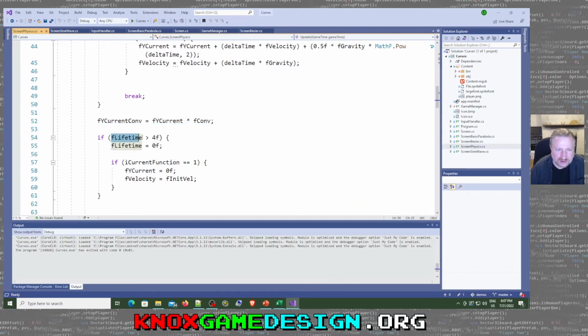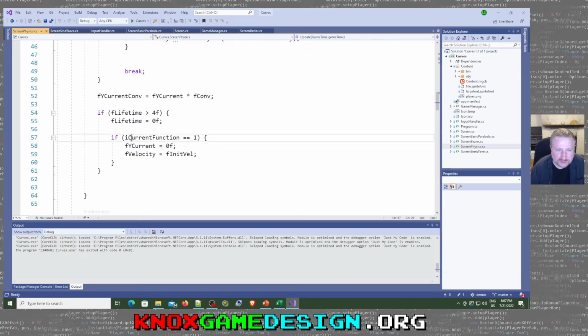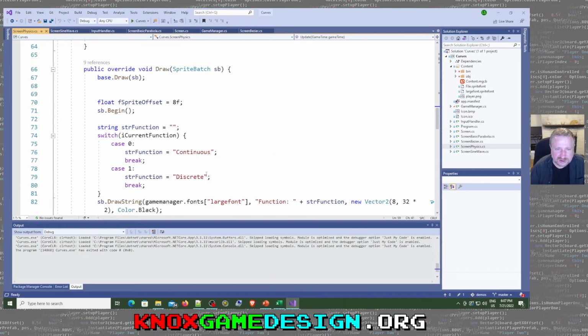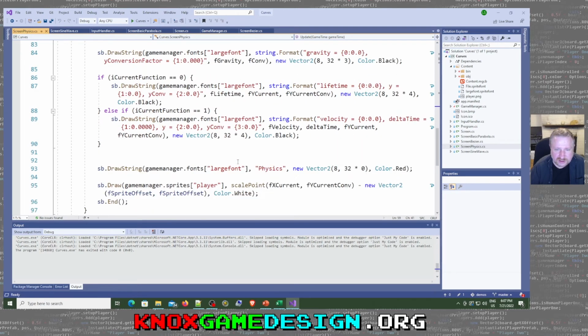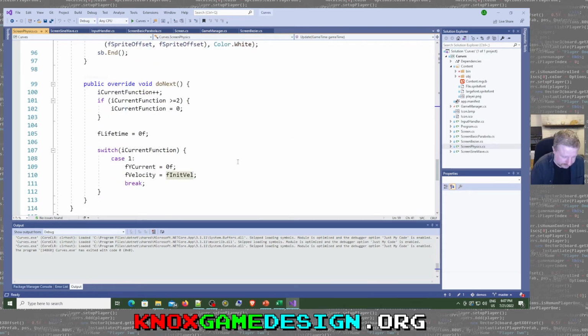And here, if the lifetime is greater than 4, then we're going to set it back to 0. And if we're changing to the second function, we're going to set the y to 0 and set the velocity to the initial velocity. That's basically it. This is just debug printing in the draw and drawing the dot to the screen.